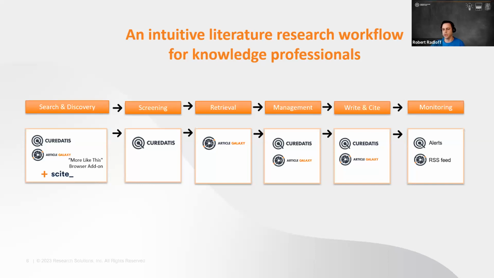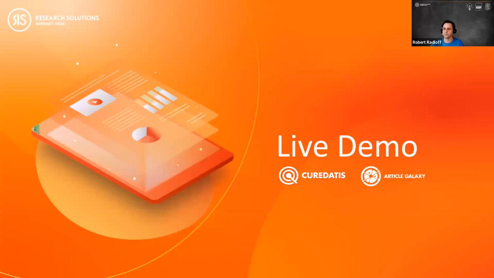That is what you can do in the Article Galaxy alerts, or in the Curedatis alerts, and also in the Article Galaxy RSS feeds, so that you are on top of your research. That is what we are seeing in the monitoring. So maybe for post-market surveillance or competitive intelligence, if you want to monitor products from your competition or your own products in the literature.